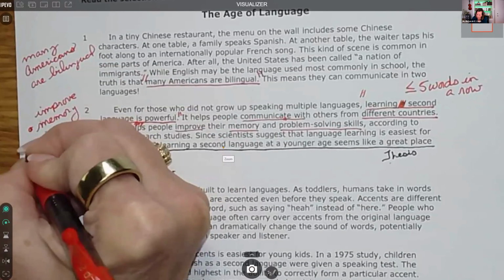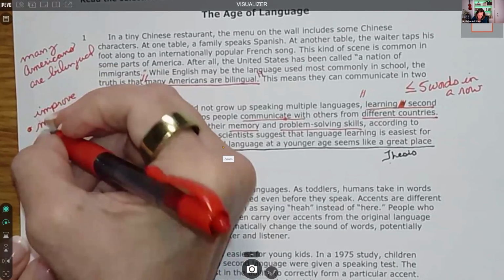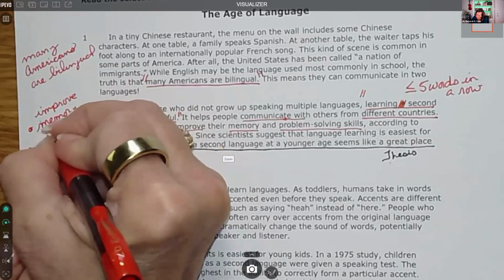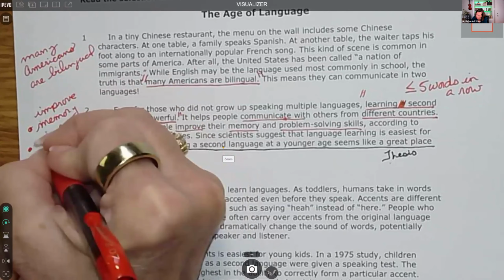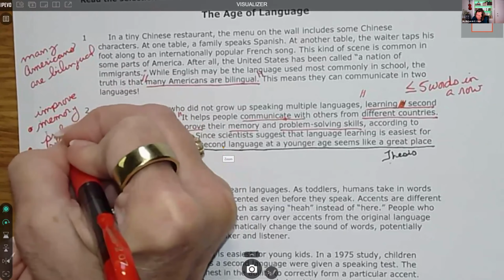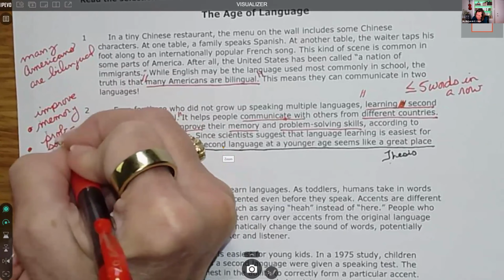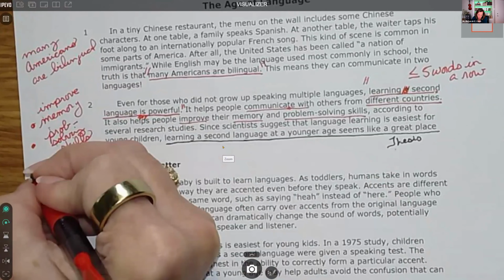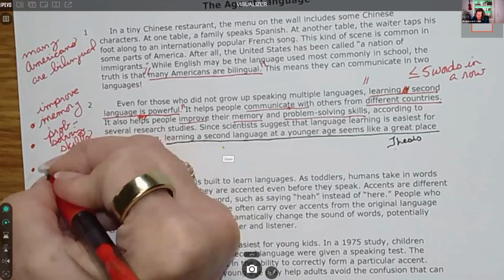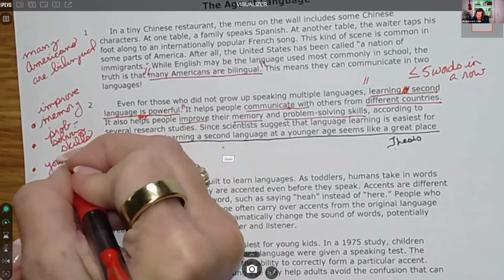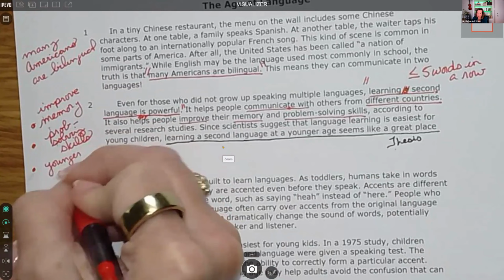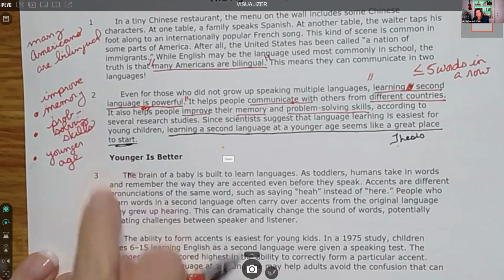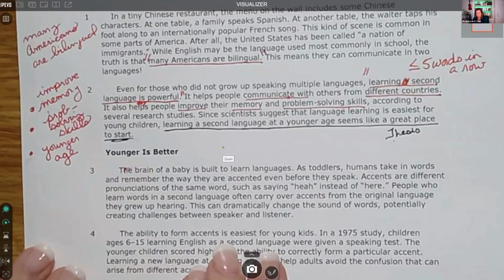Improve memory, improve problem solving. I'm going to teach them how to do this. And then, that younger age. That's what's important. Those are the important things that came out of here.